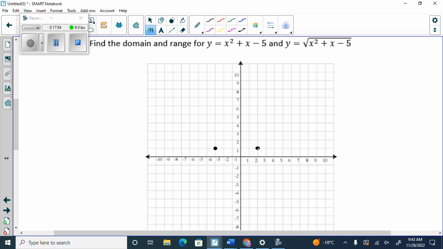We just found the x-intercepts. -2.79. Positive can't be that. What would the positive be? 1.79? Okay.